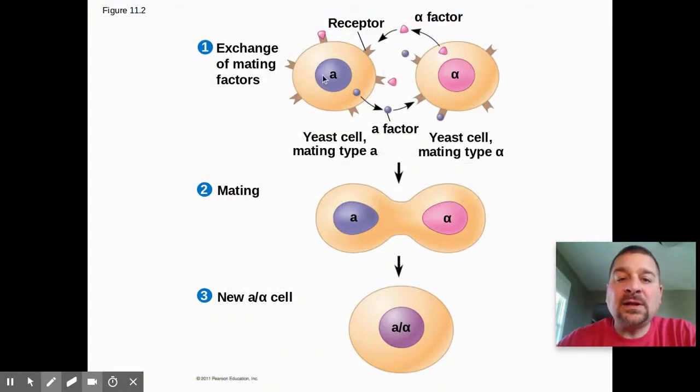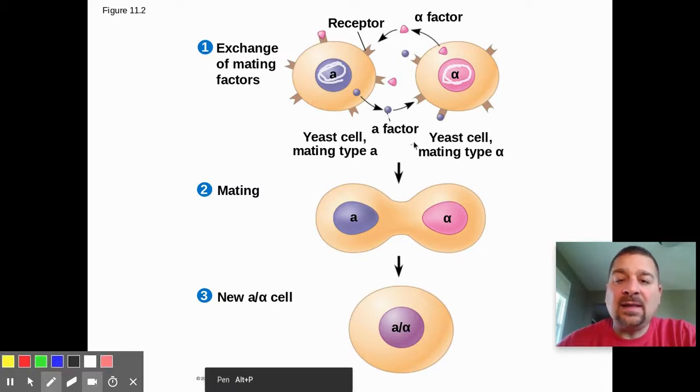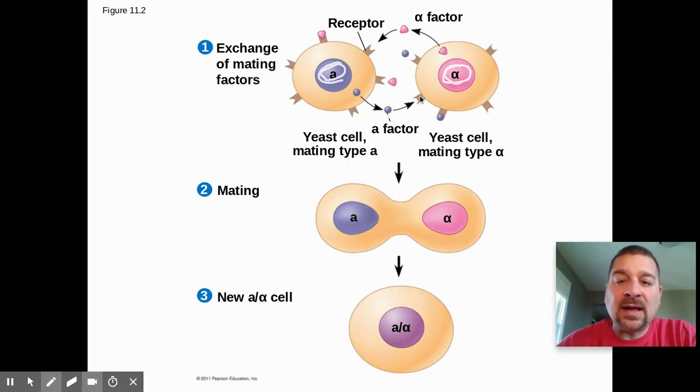If we look at the picture here, here's type A, and here's type alpha, and they're each releasing factors. A will release an A factor, which you see the alpha has a receptor for, whereas the alpha is going to release an alpha factor, and the type A cell has a receptor that will accept that alpha factor.